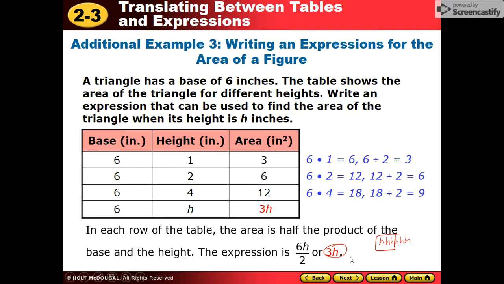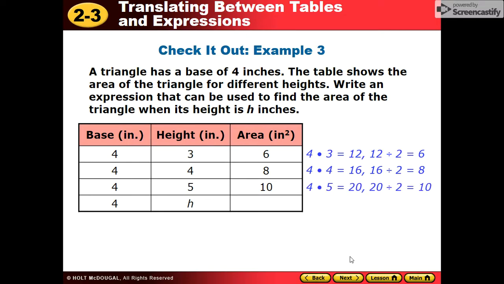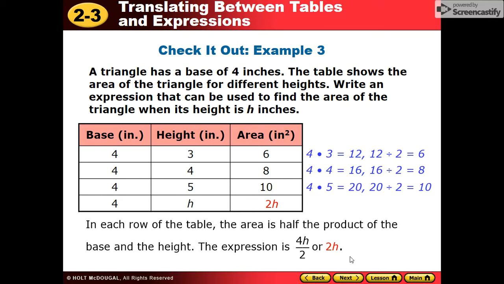So go ahead and pause the video, try out the check it out, see what you come up with. Hopefully you noticed for this one, base times height divided by 2 again. Same deal. 4 times h is 4h, divide that by 2, you'd have 2h.